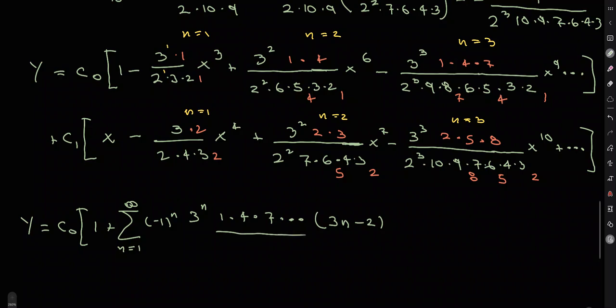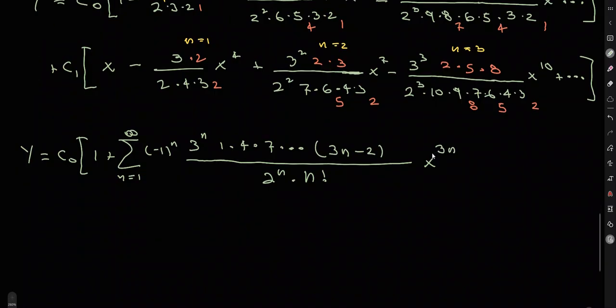In the denominator, what do we have? The 2 to the n. And what else do we have? The factorial we completed before, right? And we're missing the powers of x to the 3n. Okay, that's the first series.